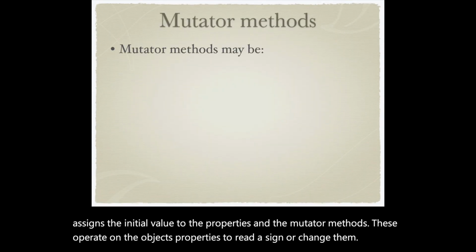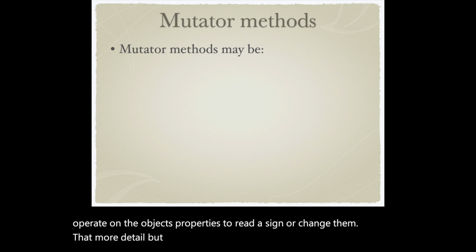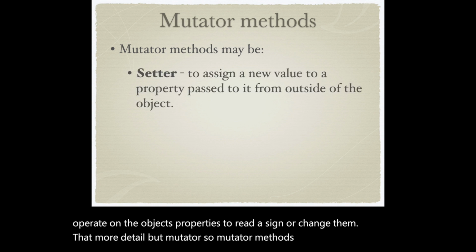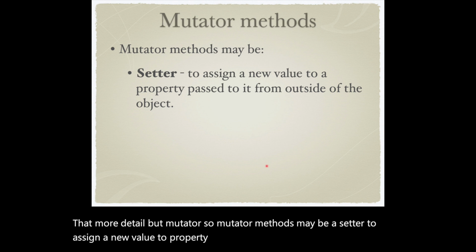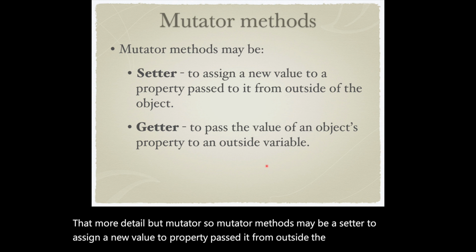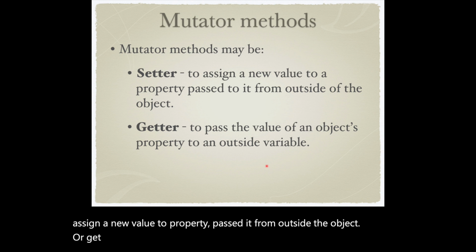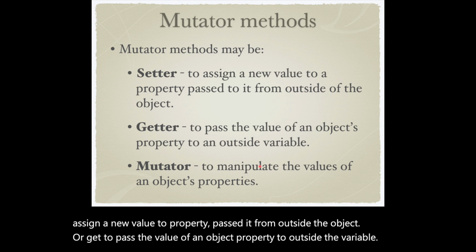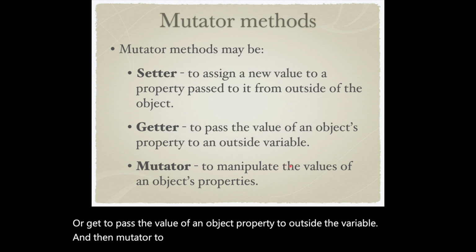A bit more detail about mutators. Some mutator methods may be a setter, to assign a new value to a property passed to it from outside the object, or a getter, to pass the value of an object's property to outside the object. And then mutator, to mutate the values of an object's property.